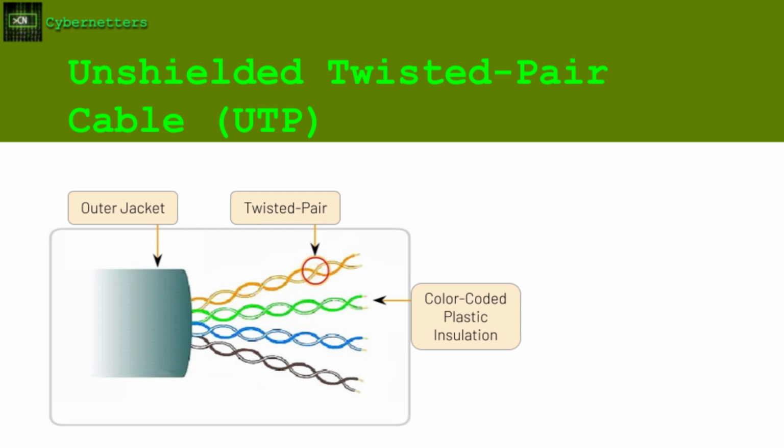The twisted pair is the twisted copper wires I was talking about. The main point of that is to protect the signal from interference. And then you have the color-coded plastic insulation, which electrically isolates the wires from each other and identifies each pair. You can see how each color is separated from the others.